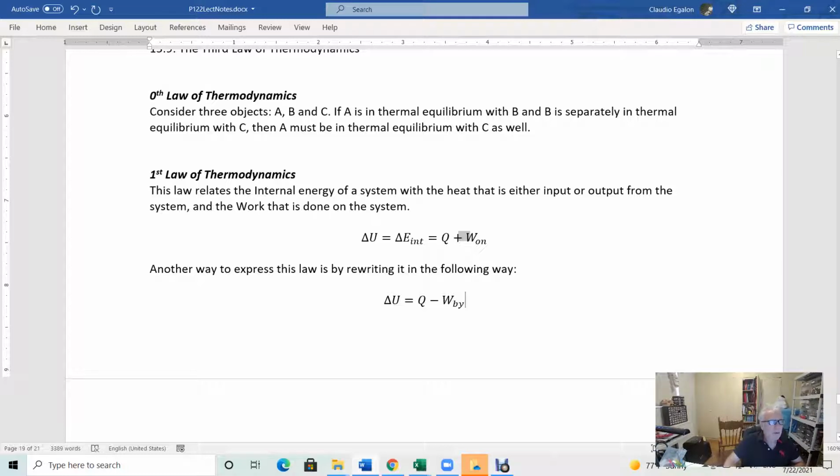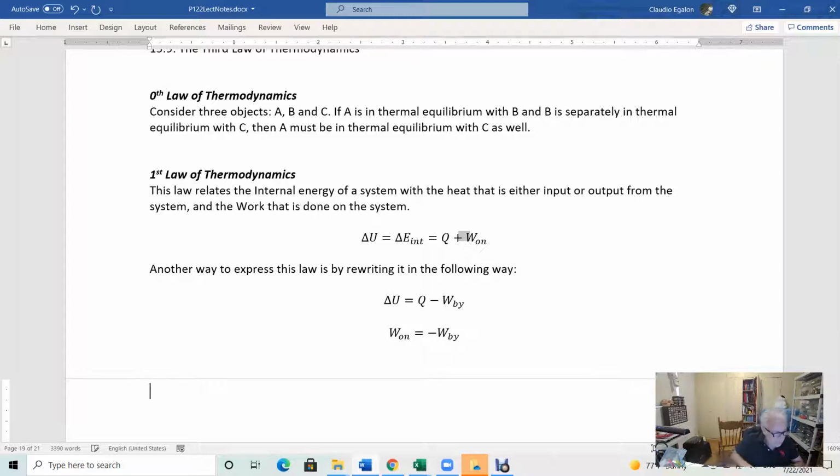So we can write that down like that. I'm going to illustrate what exactly that means. It's usually easier to solve the problem if you calculate the work done by the system. So that's the relation. Let me give you an example.